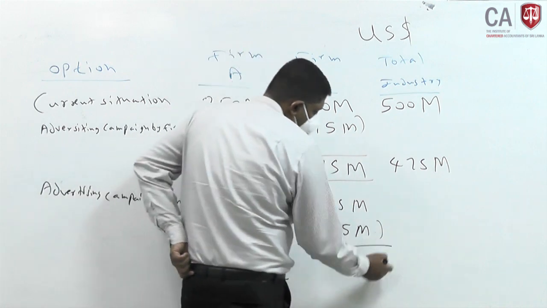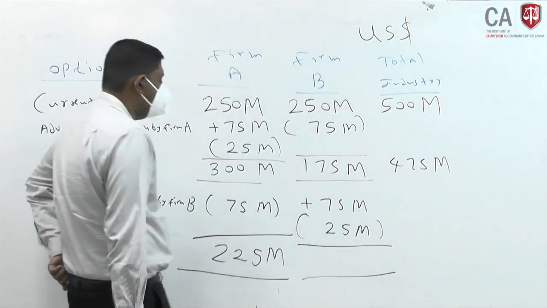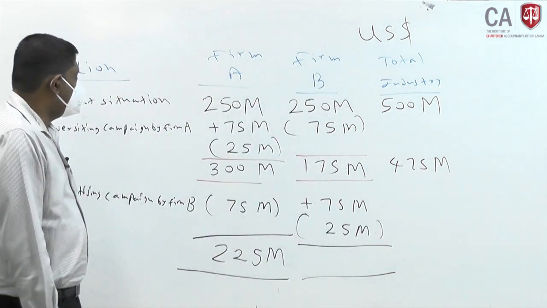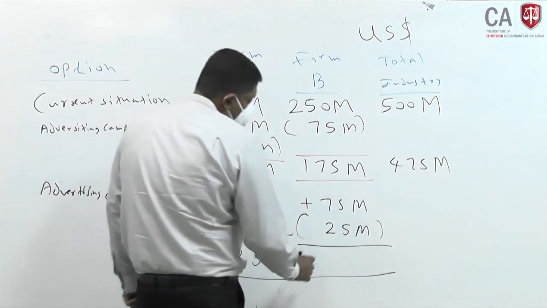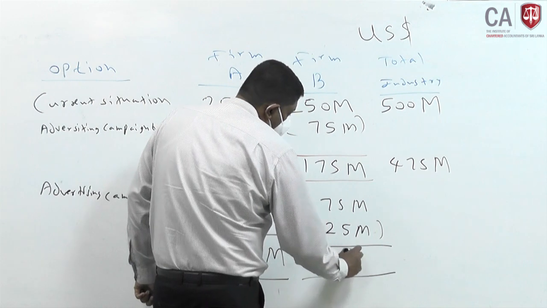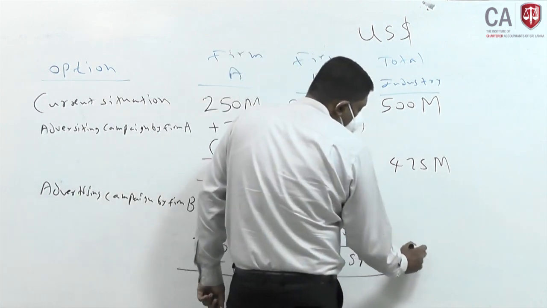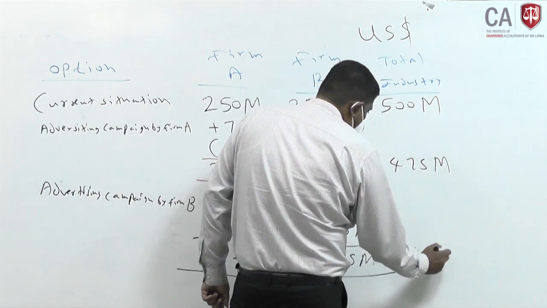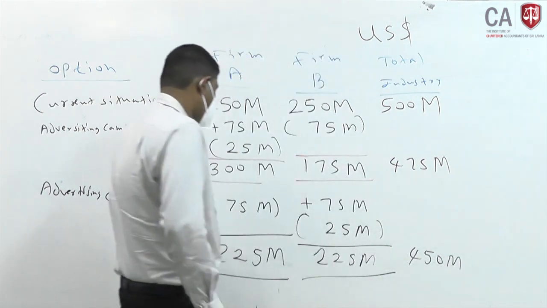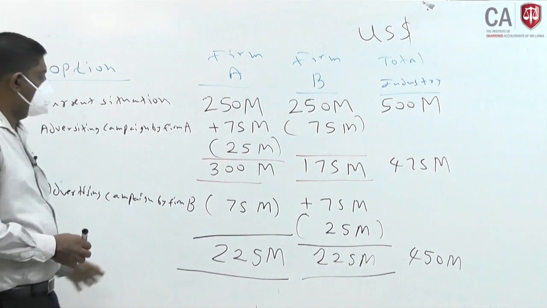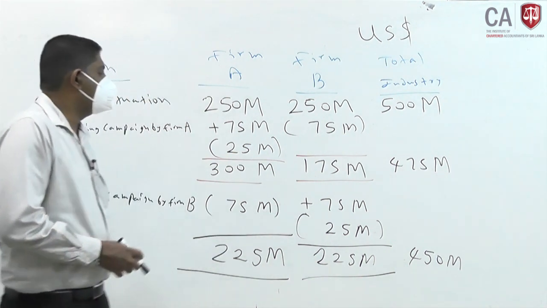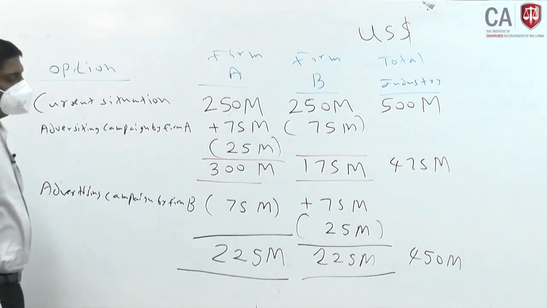Now this is profit actually, profit 225 million. Now the industry profit becomes 450 million. Now this is the new situation, right.